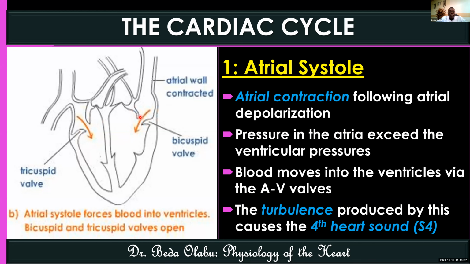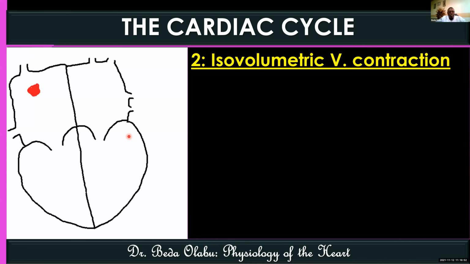Okay, once blood has filled the ventricles, now the ventricles need to initiate a contraction. And sure enough, they do initiate a contraction. Now let's explain it this way. Remember, impulses have moved from the SA node to the AV node and also to the left atrium, and that means that the two atria have undergone depolarization.